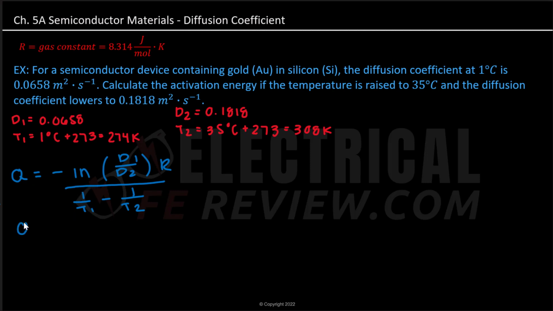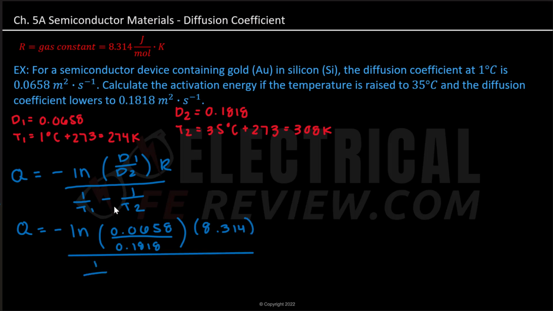So we have Q is equal to the negative natural log of D1, which is 0.0658, divided by D2, which is 0.1818, times R, which is our gas constant, 8.314, and we can divide this by 1 over T1 in Kelvin, which is 274, minus 1 over T2, which is 308 Kelvin.